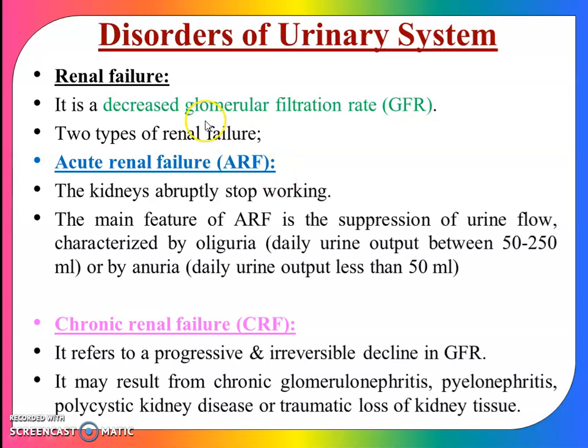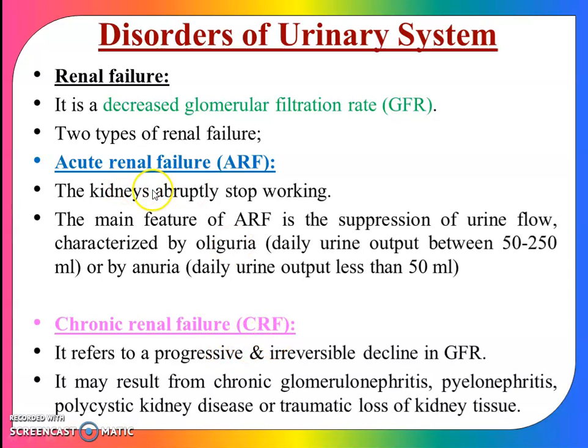Next is renal failure, in which the kidney stops working abruptly, and the glomerular filtration rate decreases suddenly. There are two types of renal failure: acute renal failure and chronic renal failure.